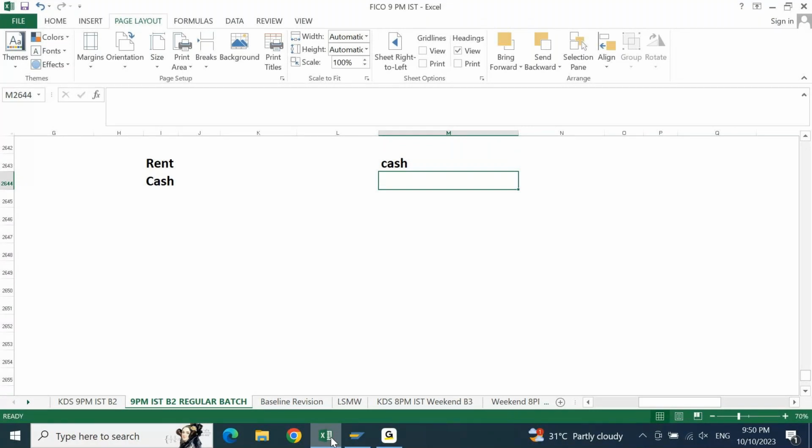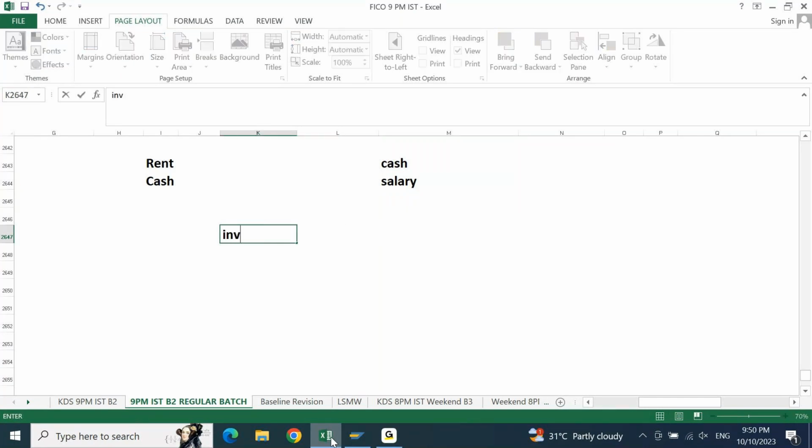Now I will talk about cash. I say that cash is paid for salaries. What is offsetting for cash? Salaries. Now I'll put inventory. Now I say I used inventory for sales or delivery purposes.